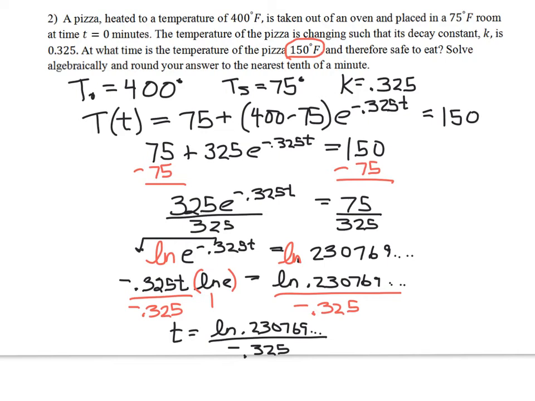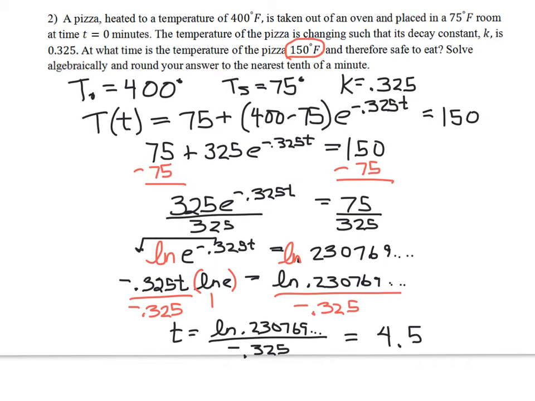So on my calculator, I'm going to use the natural log key of that number that I stored in my calculator, close off the parentheses, and then divide by negative 0.325. So be very careful how you enter this in your calculator. If you're having trouble getting the same answer that I'm getting, please see me so that we can look at it on your calculator.